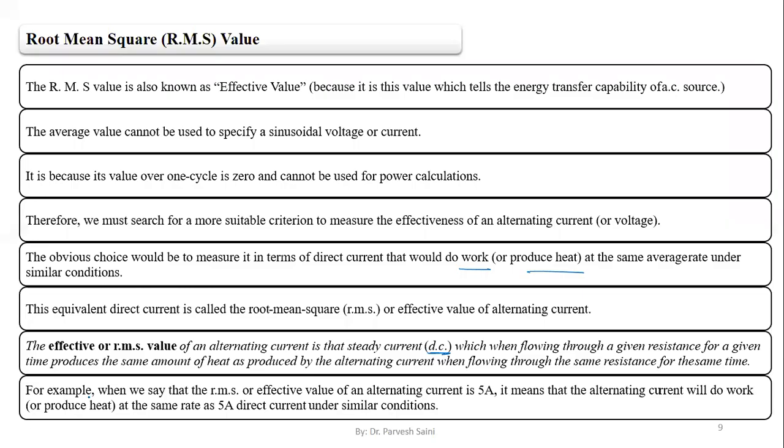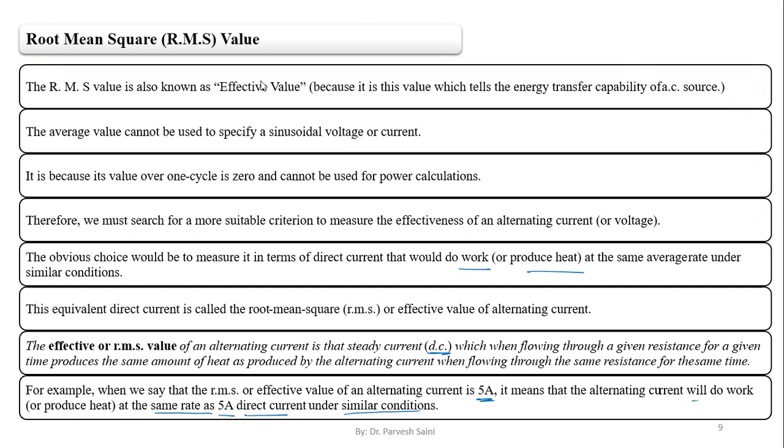So, for example, when we say that the RMS value or effective value of an alternating current is 5 ampere, it means that the alternating current will do the work or produce the heat at the same rate as 5 ampere DC produces under similar conditions, right?